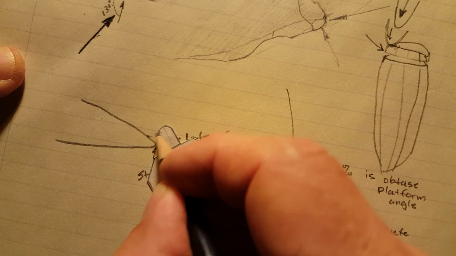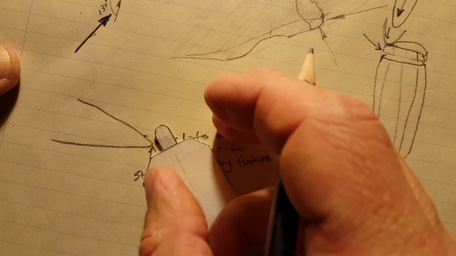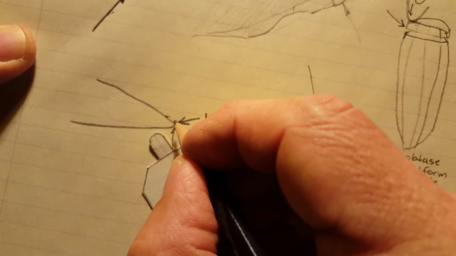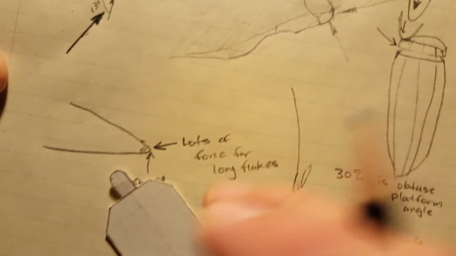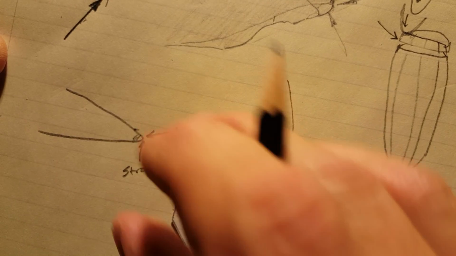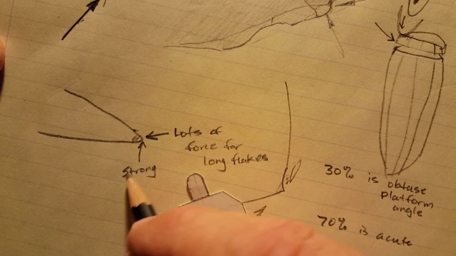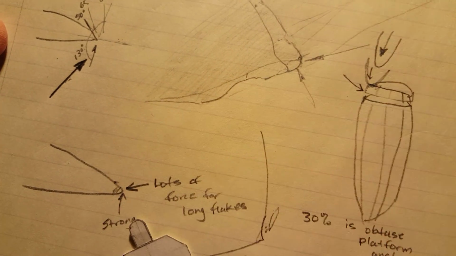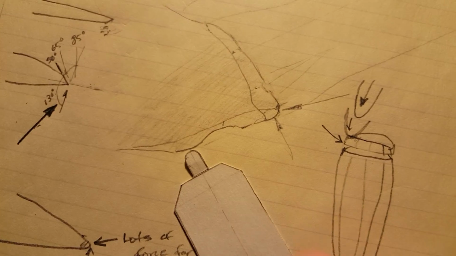This point here is going to rest up there for the important flake removal. Okay, and all this is going to get crushed away. So there's different methods for getting this to be strong. All right. So I just wanted to go over that before I go on to the next subject. Okay, hope that helps.